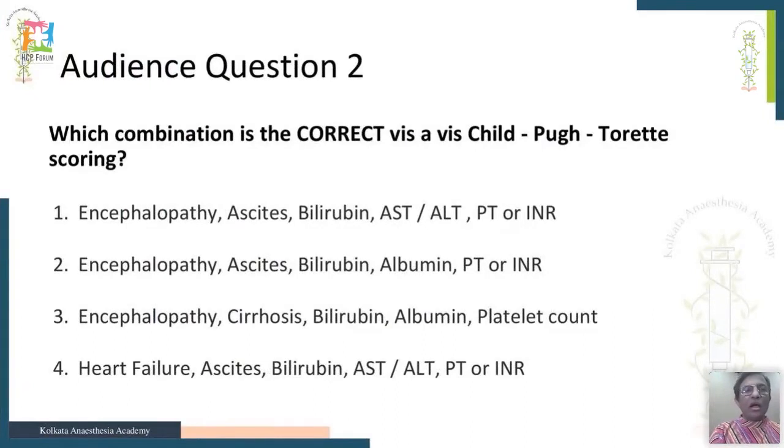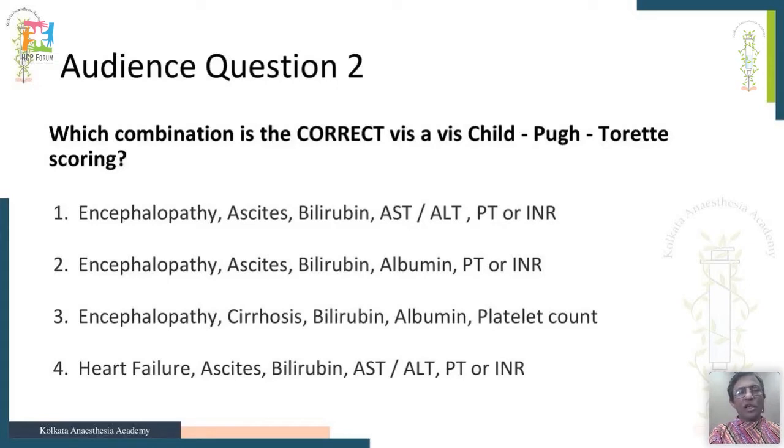In the Child-Pugh score, or the Child score, whichever, which combination is correct? We can have the next poll. Which is the correct combination? Is it encephalopathy, ascites, bilirubin, AST, ALT, prothrombin time, and INR?